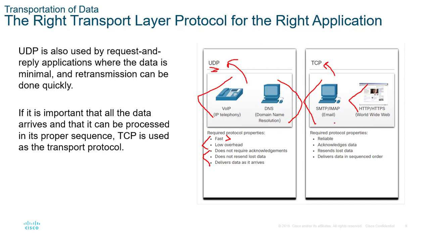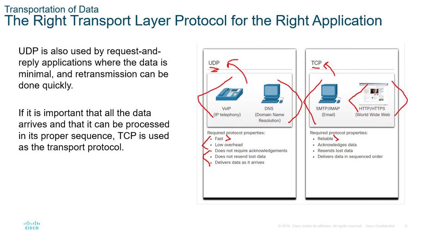It wouldn't make sense for an audio stream to retransmit things that happened in the past. They're no longer relevant. Whereas a file transfer or an email or downloading a web page, you want to get every bit as it was transmitted.